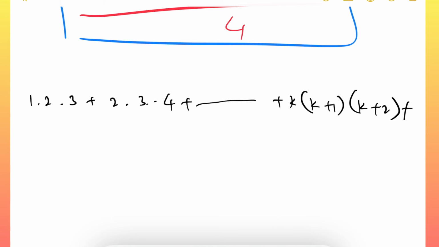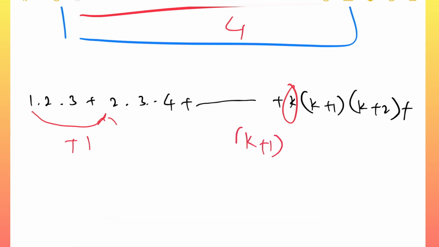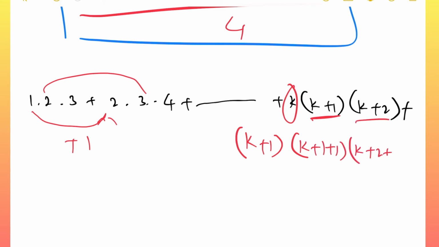If we observe the first number in every term, 1, 2, then 3, it goes like that, so we are just adding 1. So here also for the first one we need to add 1, then it will become k plus 1 into, from 2 to 3 1 is added, so for k plus 1 here also we need to add plus 1 again, k plus 1 plus 1 into, same for k plus 2 also we need to add plus 1.